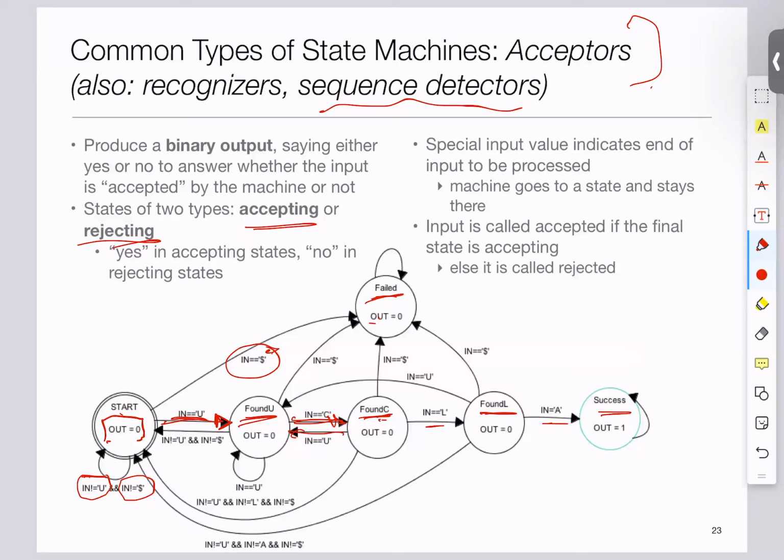The last digit. So this is an example. Clearly, I can solve it in a finite state. I only need to look at the last digit, right?